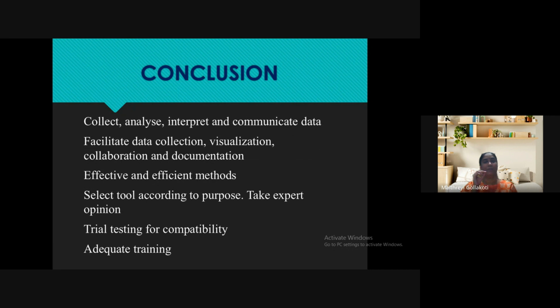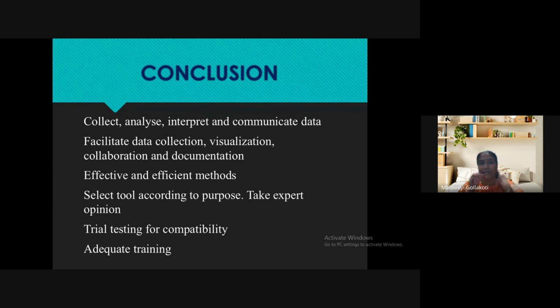Conclusion. Now we have come to the last aspect of research analysis. To conclude, I can say that a researcher should collect, analyze, interpret, and communicate data. The tools are used to collect information, to analyze the information, to interpret the data, and to communicate the results to the people.